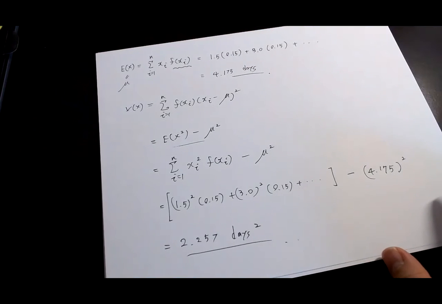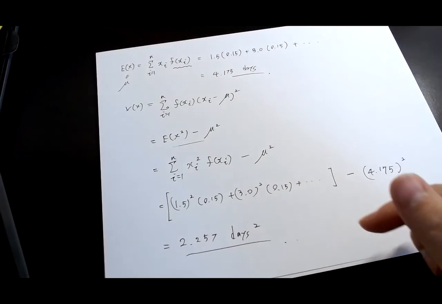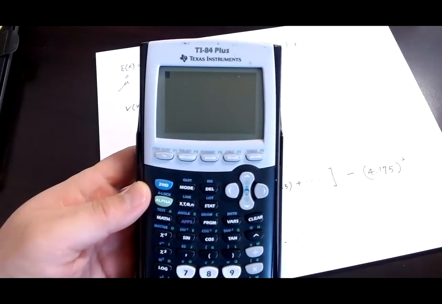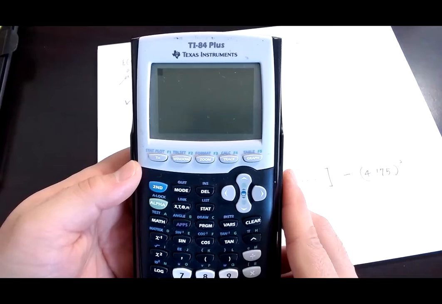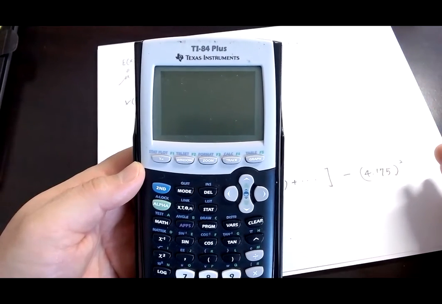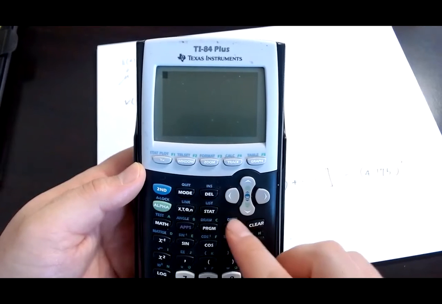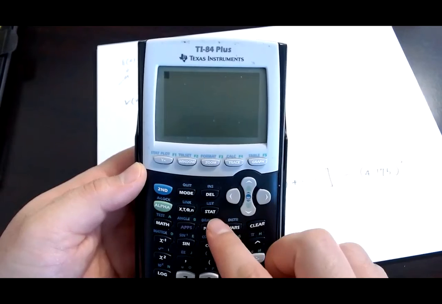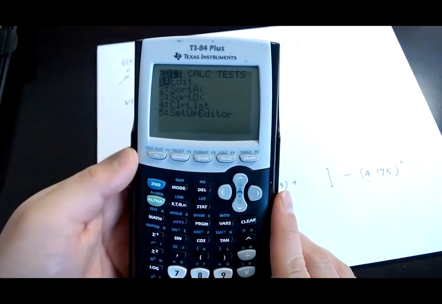Now I'm going to let you know how to figure out these values using a calculator. In the calculator, the first thing we're going to do is enter the probability distribution into the list. You can get to the lists by pressing STAT.